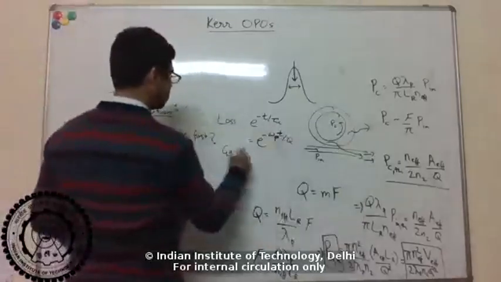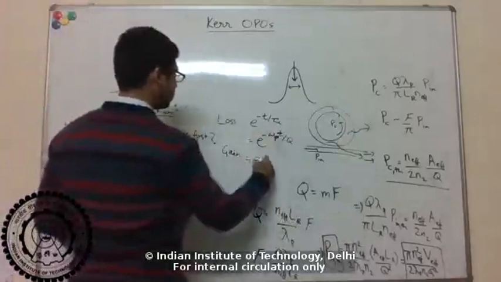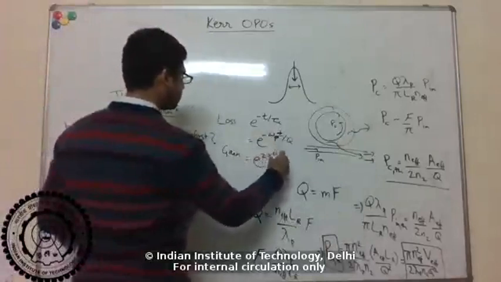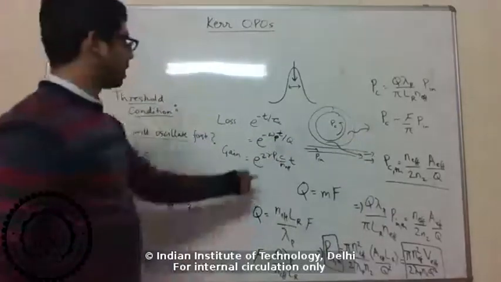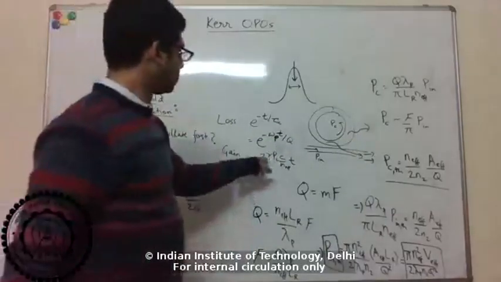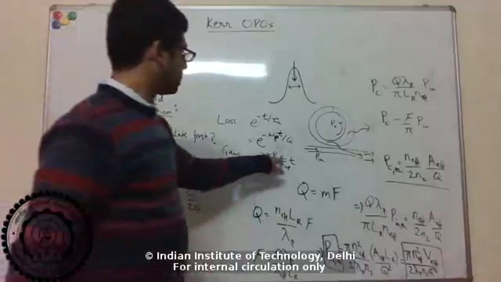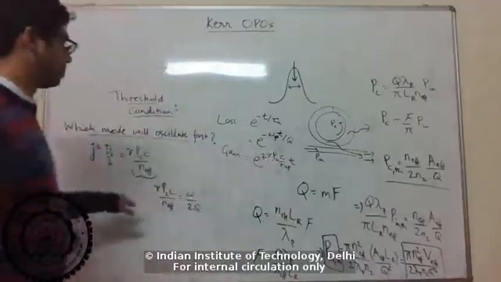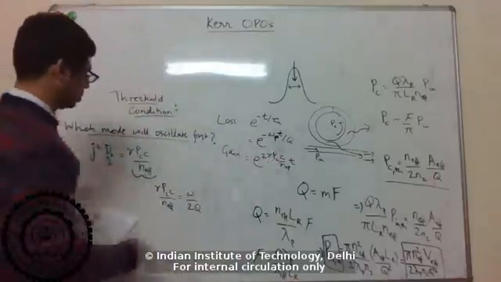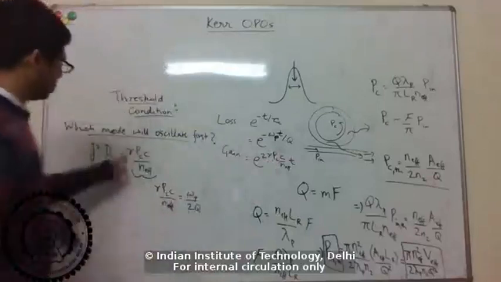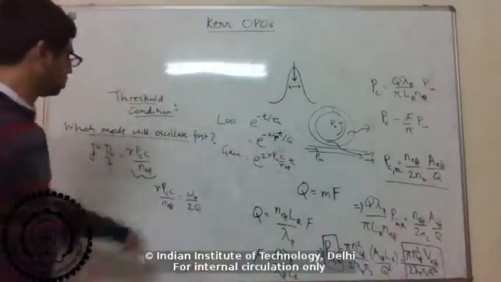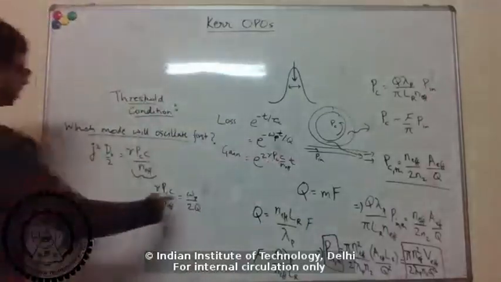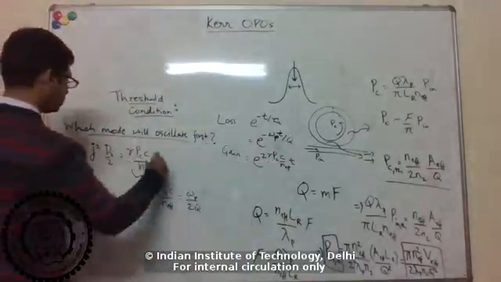So gain was e to the 2 gamma p c over n effective times t, right? So gain equal to loss happens when 2 gamma p c over n effective is equal to omega p over Q. So when this factor is equal to omega p over 2Q is when the resonance or the threshold happens.